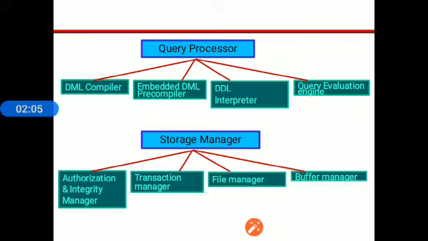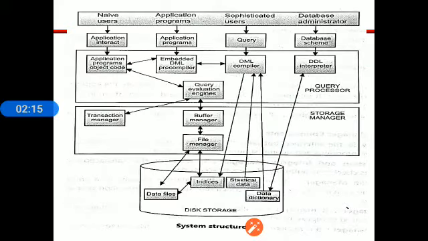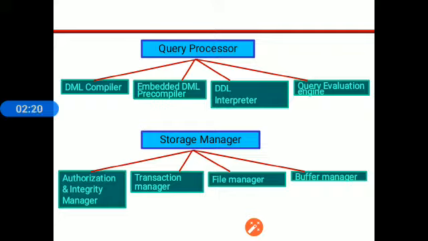The query processor is divided into 4 blocks: DML compiler, embedded DML precompiler, DDL interpreter, query evaluation engine. You can see in the diagram query processor. Then is storage manager. Storage manager consists of authorization and integrity manager, transaction manager, file manager and buffer manager.